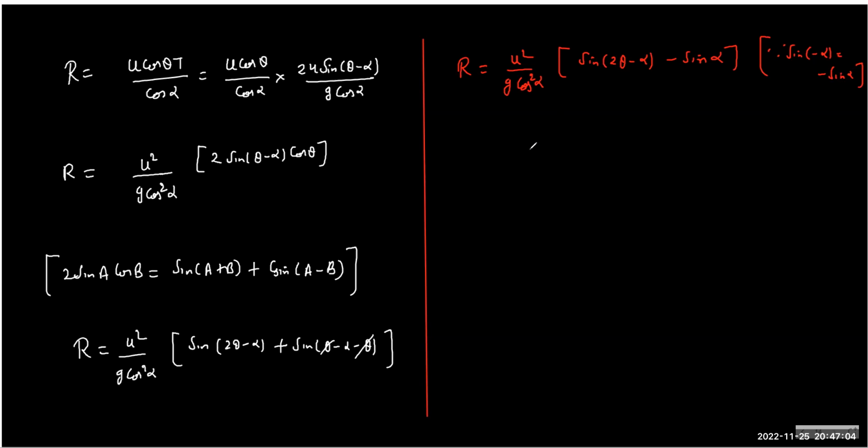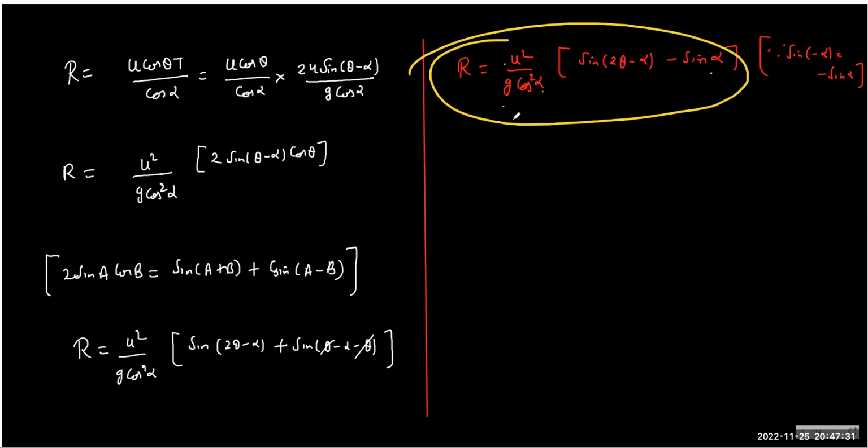And what you can realize is that u, g, alpha, everything is fixed. What is variable here? The only variable here is, tell me guys, what is variable here?